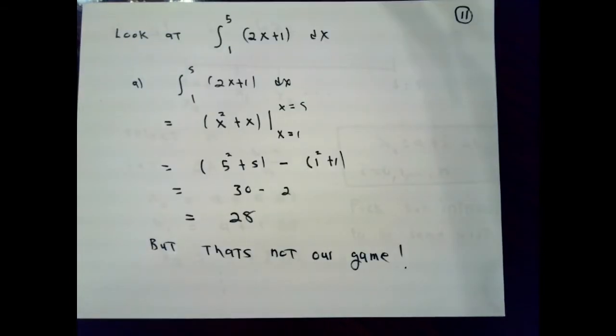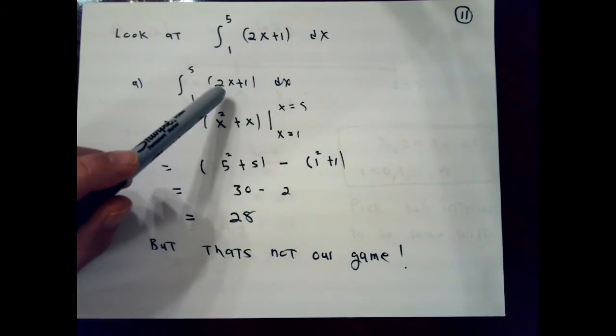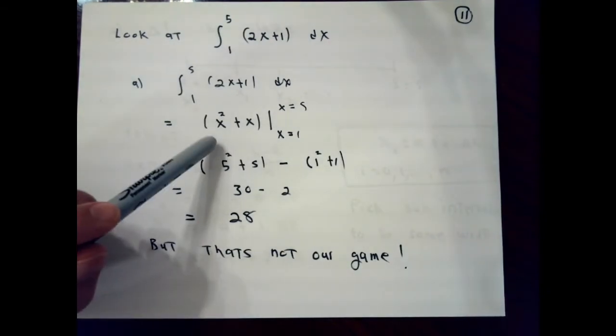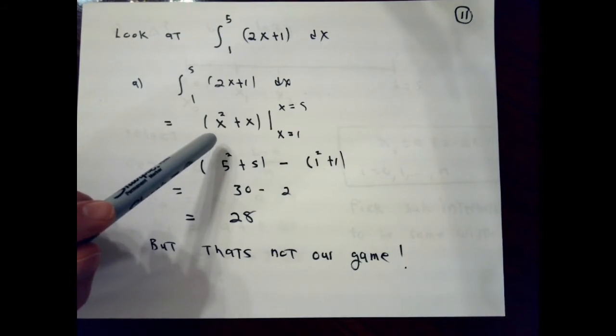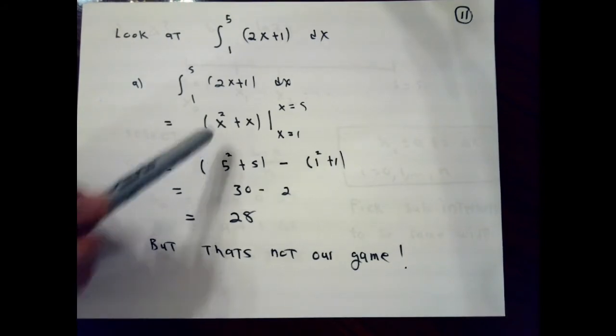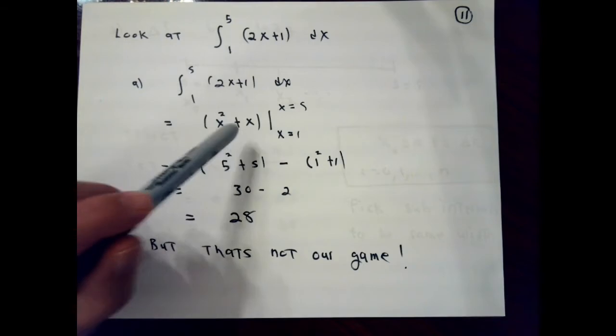I want to look at the integral from 1 to 5 of 2x plus 1 with respect to x. Now, everyone has had Calculus 1, so you already know how to get the answer. An antiderivative for 2x is x squared. That is, x squared is a function such that when you take the derivative, you get 2x back.